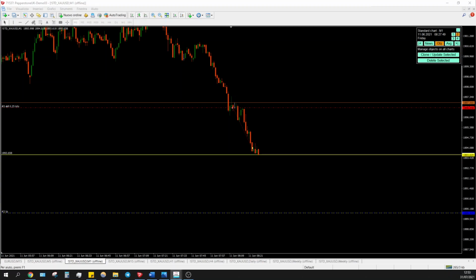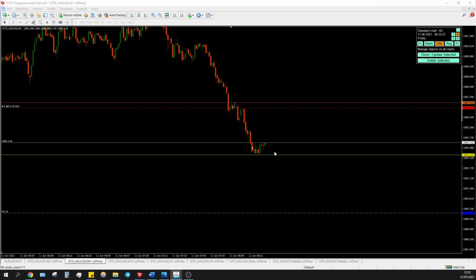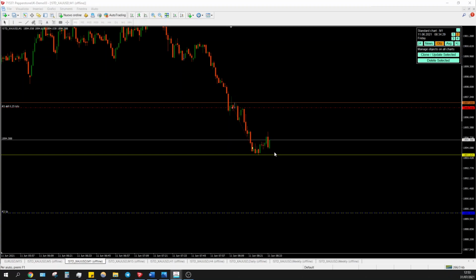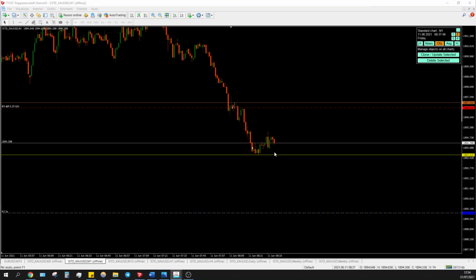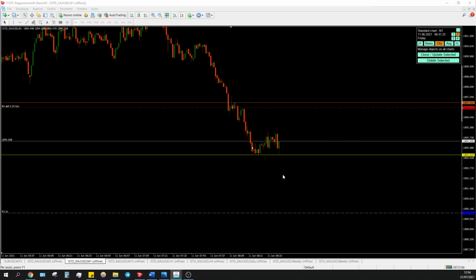For now, we are still seeing bearish in control, now engulfing. Let's see if price retraces, but immediately corrected by a bearish engulfing candle. Reaction to this previous sensitivity area.